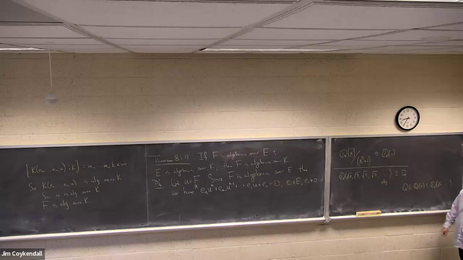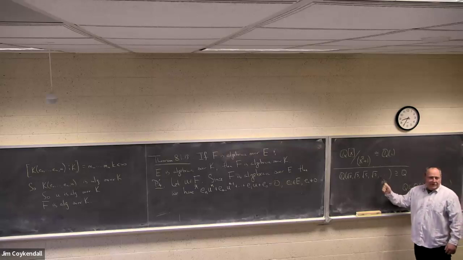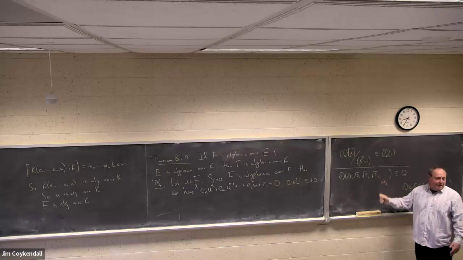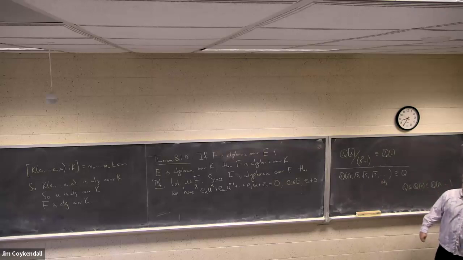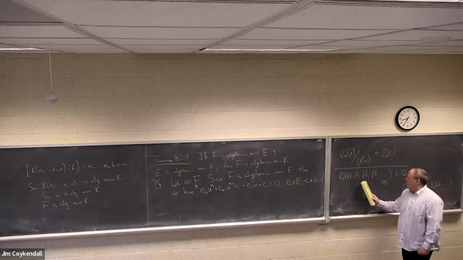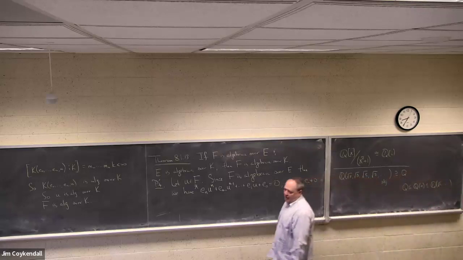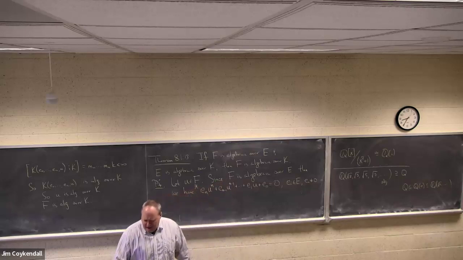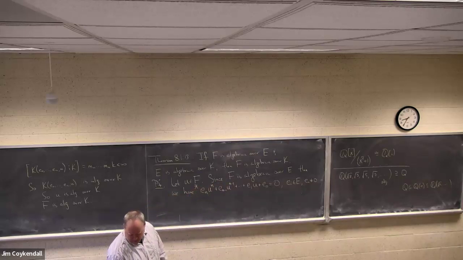Therefore every element in this is algebraic, and this is a very big algebraic extension. So the upshot is you don't need it to be a finite dimensional vector space to be algebraic. If it is a finite dimensional vector space, then for sure it is, but there can be even bigger algebraic extensions.